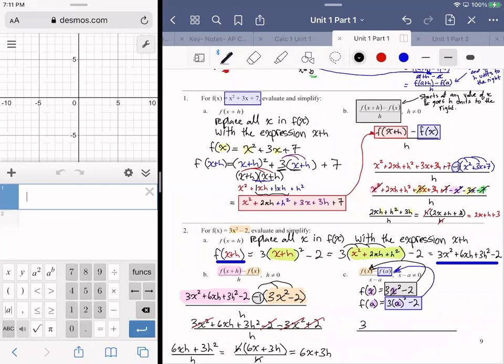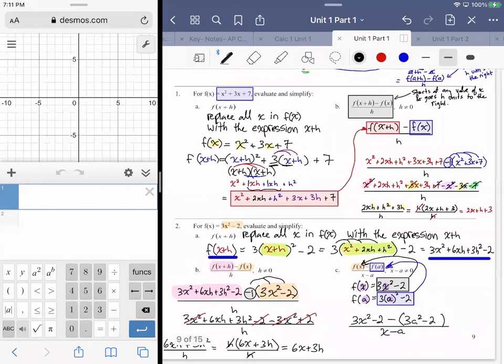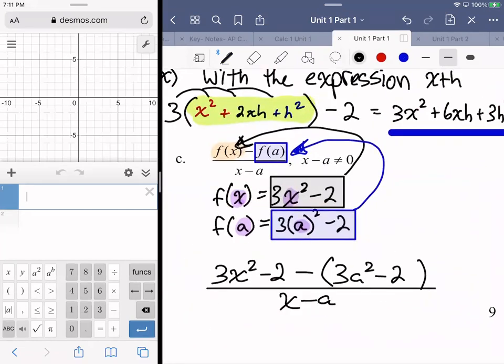So 3x squared minus 2, then minus 3a squared minus 2. And the x minus a on the bottom stays put. There's nothing to substitute in there. It's easy to say this, but it's just algebra from here on out. We just need to simplify it.